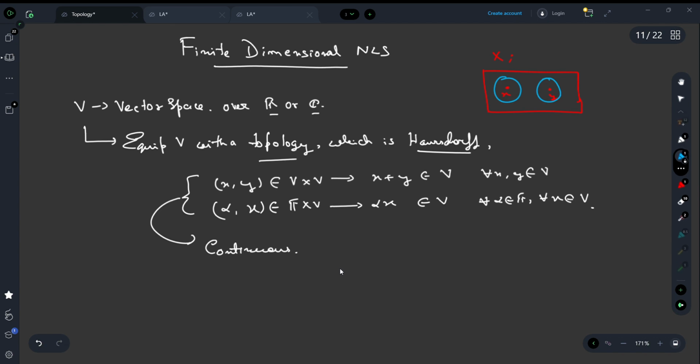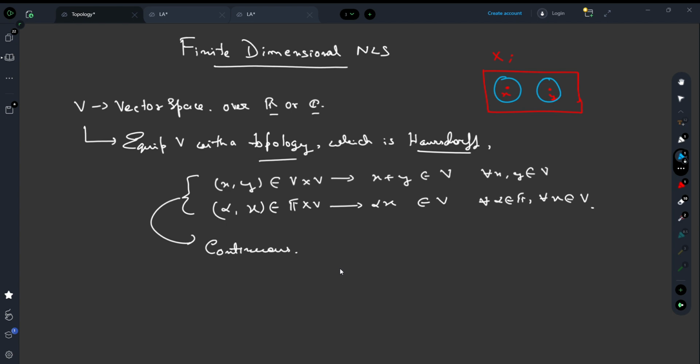So we have a vector space over the reals or the complexes. We equip this with a Hausdorff topology, and we have two mappings, which map (x, y) to x plus y, and (alpha, x) to alpha x, and these two functions are continuous.